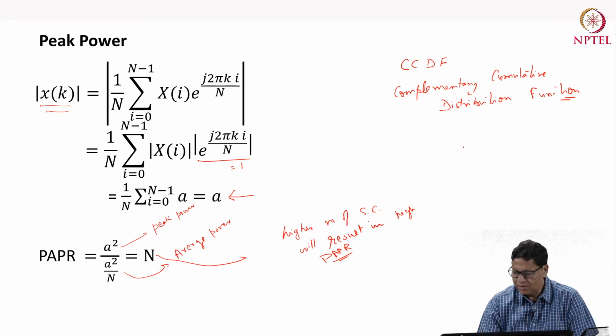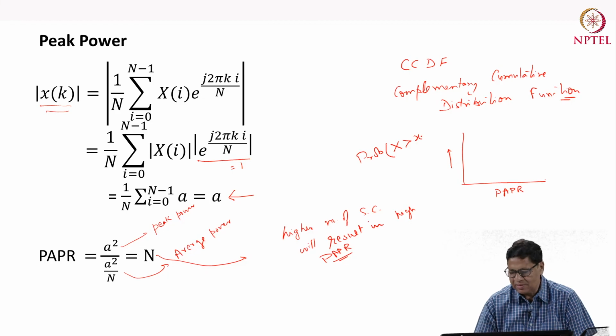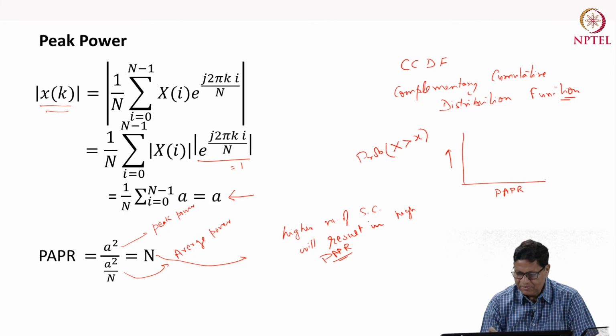So if you plot, say this is the PAPR value, and this is, say, the probability that x is greater than x, that is, the value of PAPR is greater than some threshold, that probability is defined by this complementary cumulative distribution function, which can be written as f x x, and this is the PAPR.